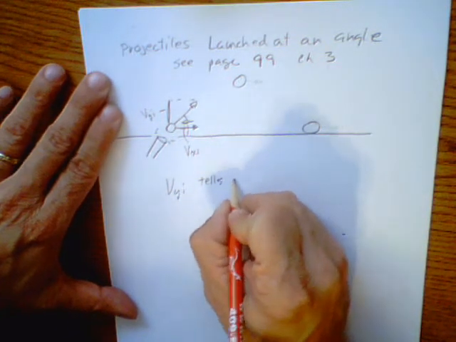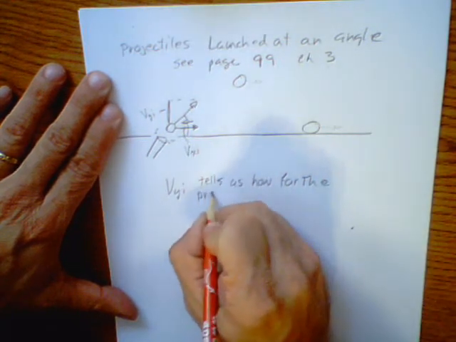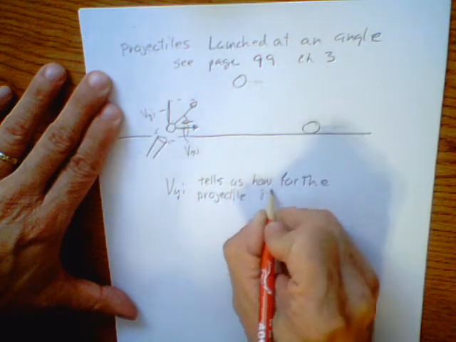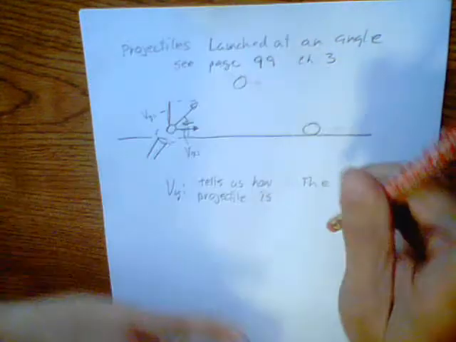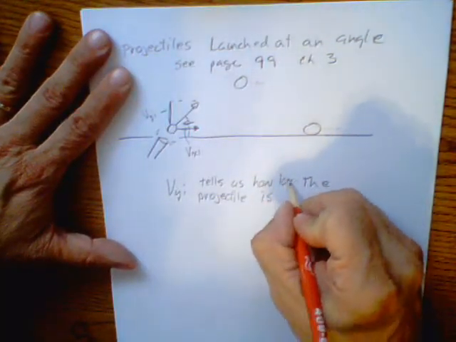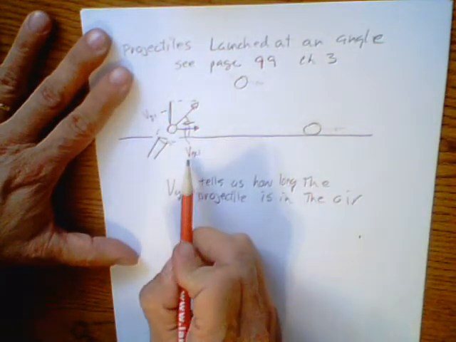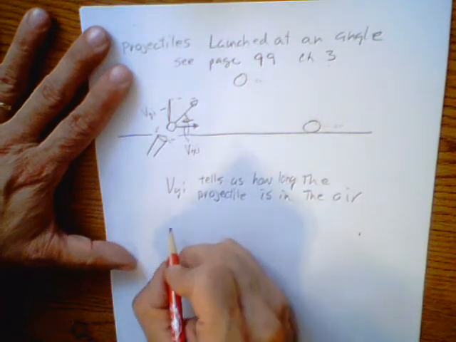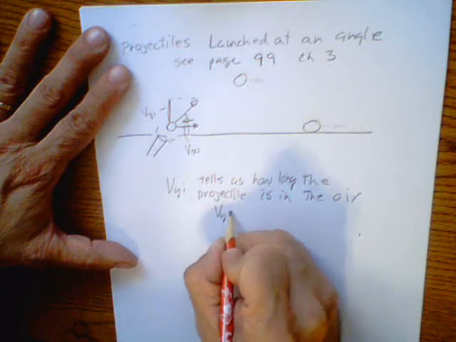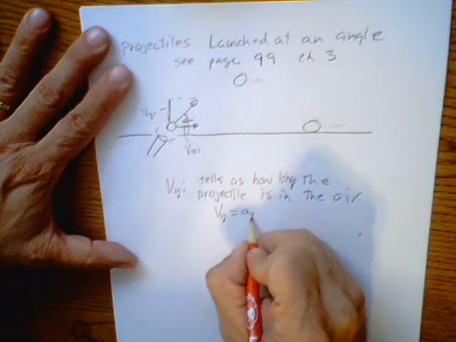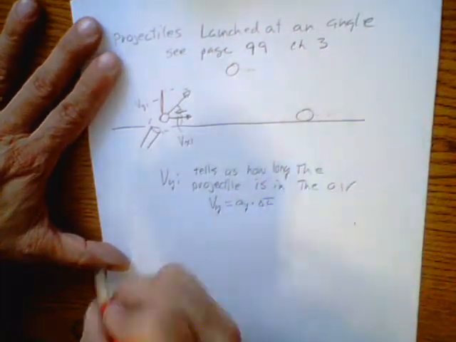It tells us how long the projectile is in the air. So we'll do this with velocity in the y direction equals acceleration in the y direction times change in time, and that should look familiar.